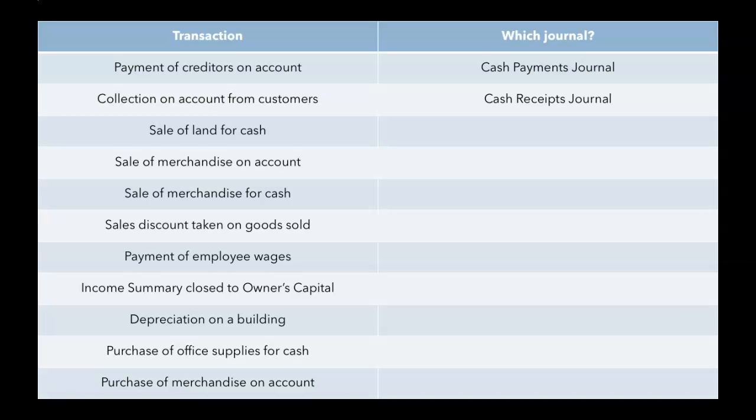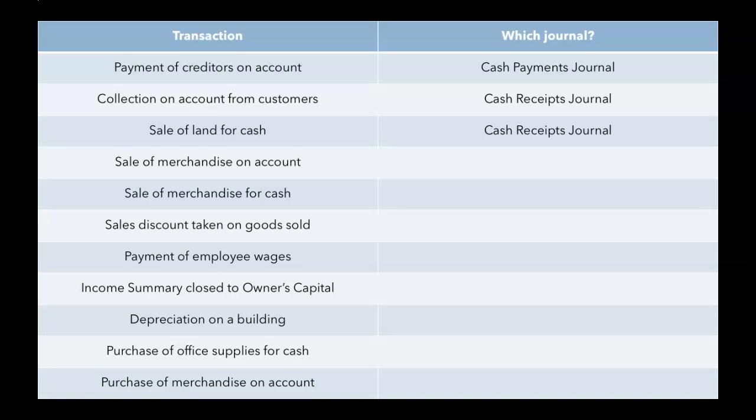But when we see that cash is involved, we can be thinking either cash receipts or cash payments. If we are getting the cash, it'll be cash receipts. If we are paying the cash, it'll be cash payments.